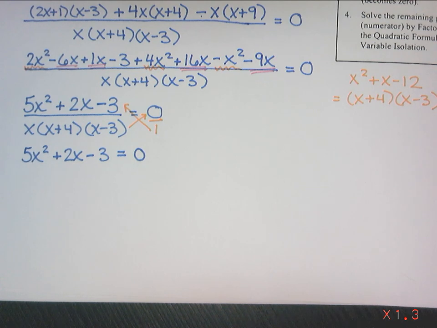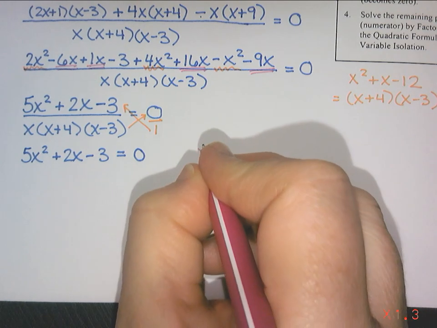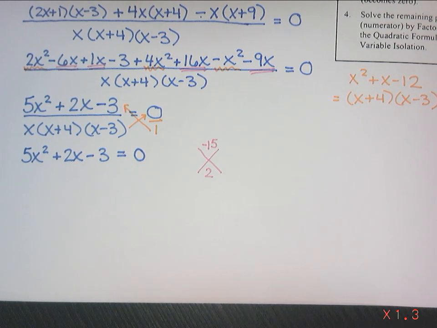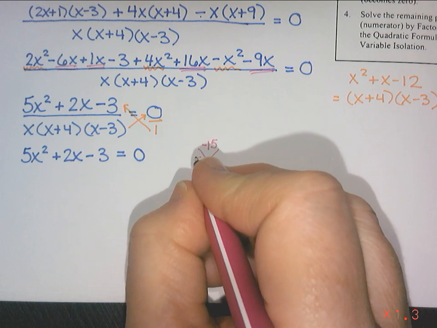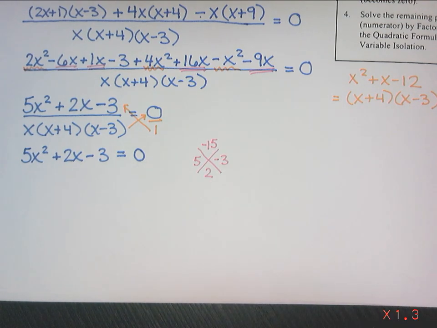I am looking for 2 numbers that multiply to -15 and add to 2. So 1 and 15 are not going to work, but 3 and 5 would. If I did +5 and -3, that would multiply to -15 and add to +2.